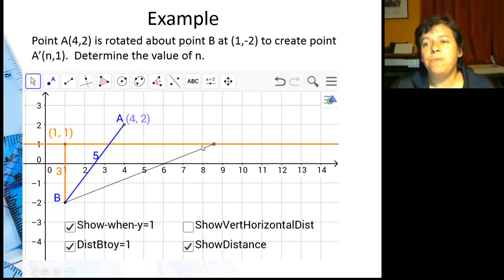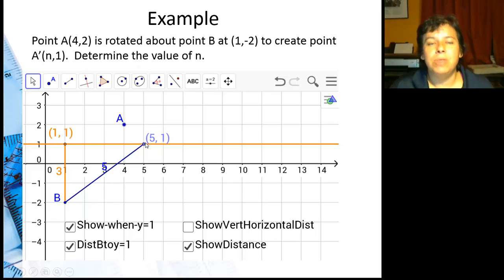So if I go 5 units out, we'll go 1, 2, actually 4 units, 1, 2, 3, 4. Did I count that right? 1, 2, 3, 4. I'm only going 4 units out. Then that should match right up with the distance of 5, and it does. So I've just found out that the value of n is 5.